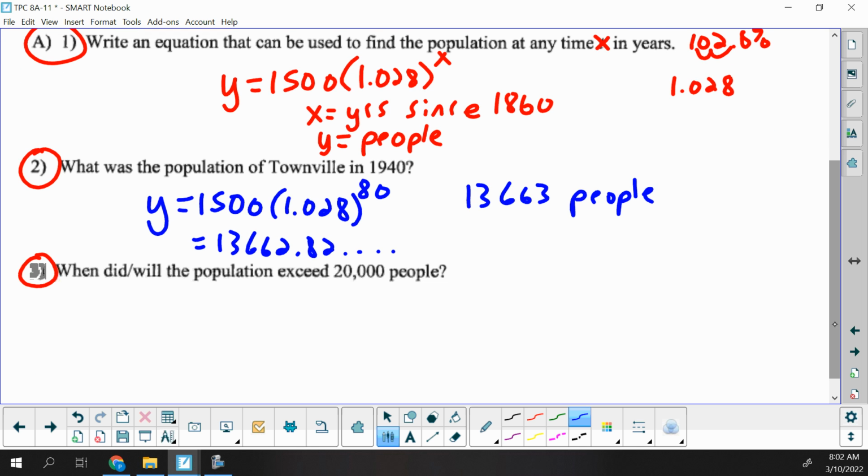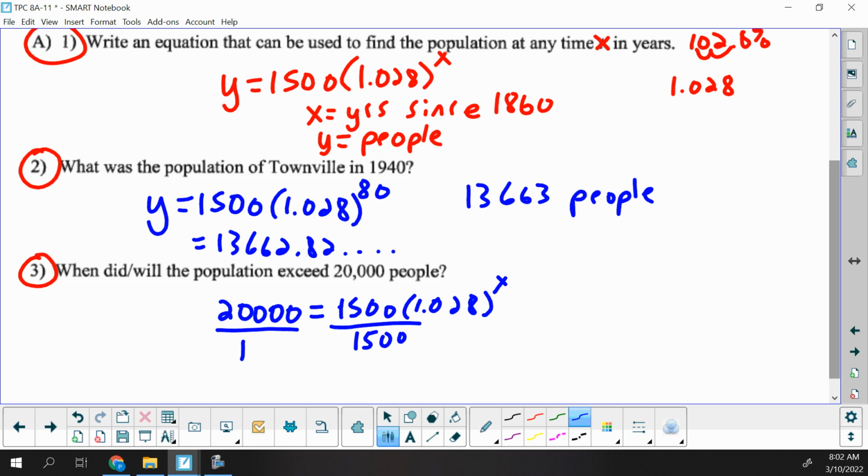When did we exceed 20,000 people? So 20,000 should have went in for Y equals 1,500 times 1.028 raised to the X. We would divide our 1,500 over. And we should have gotten 40/3 for that, is equal to 1.028 raised to the x.